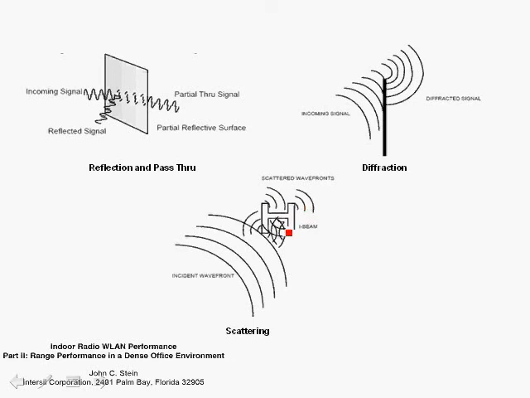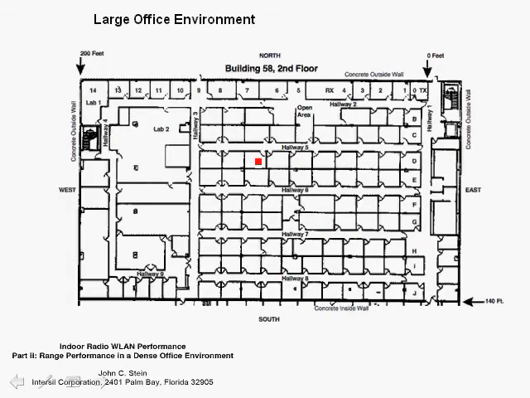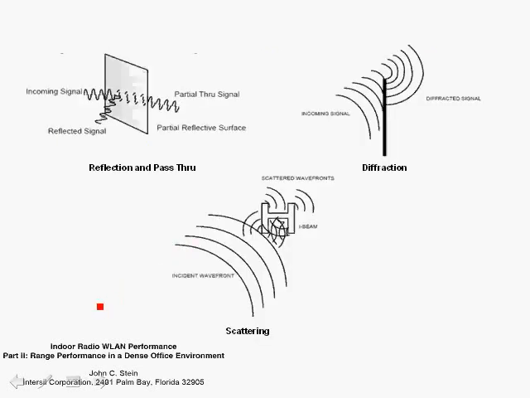So you have basic scattering, and each one of these would be a source, so that in a multipath environment like this, even though the AP is over here, you could receive signals from any angle coming into the antenna due to the multiple sources of scattering, reflection, and pass-through, and of course diffraction over the partitions and walls, etc. I highly recommend reading this paper by John Stein, Indoor Radio Wireland Performance, that was published.